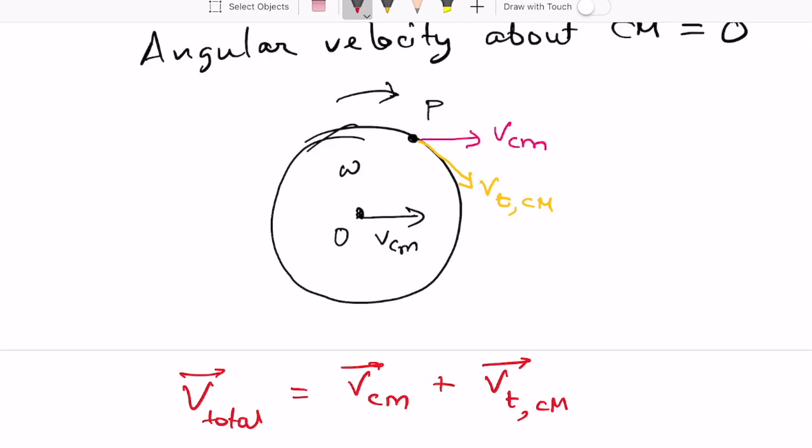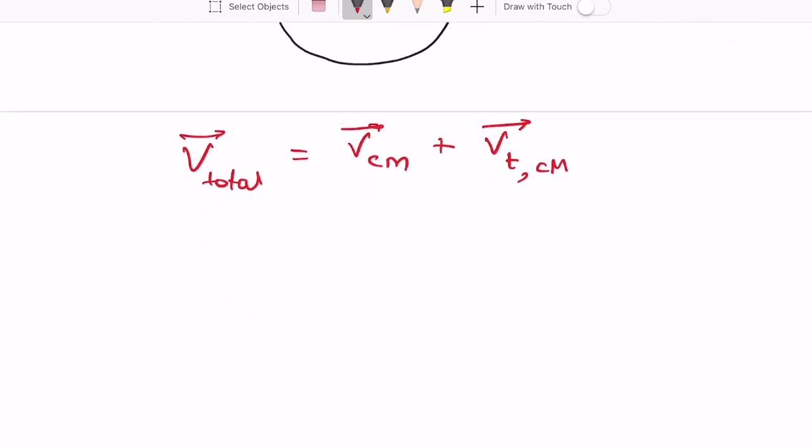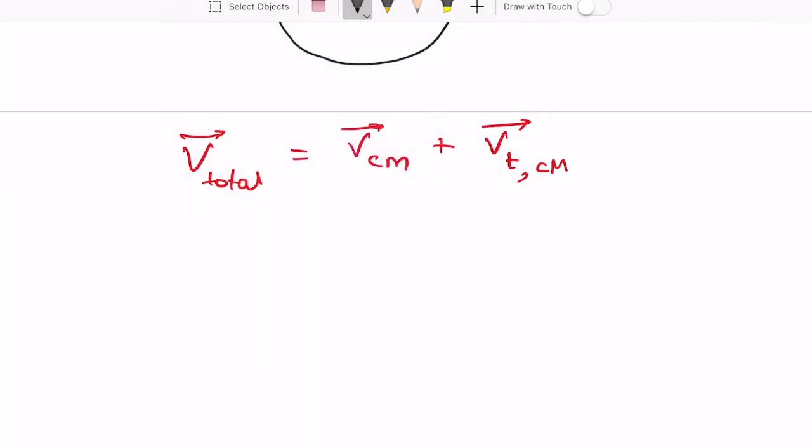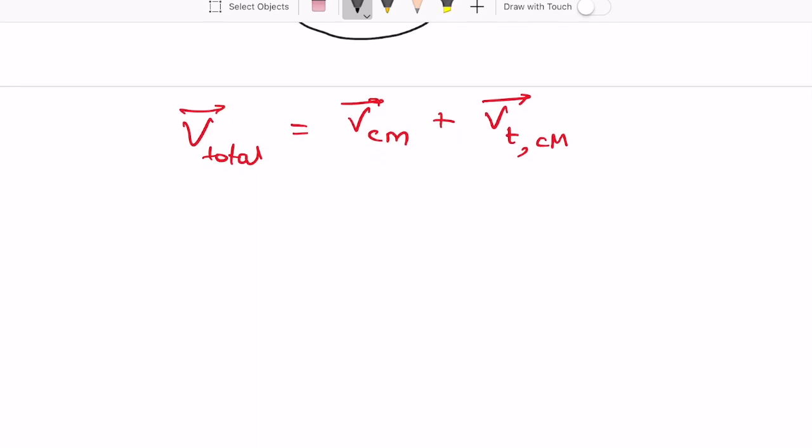And this is the formula that we have on the slide. Okay, this might seem a bit abstract if you're learning this for the first time, so let's look at an example which illustrates this, and then you'll see that the idea is pretty trivial. The example is on the next slide.